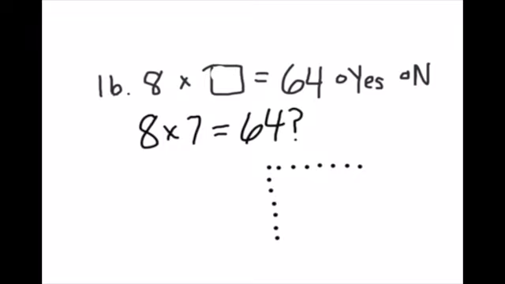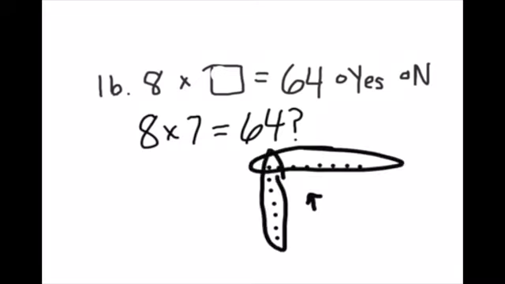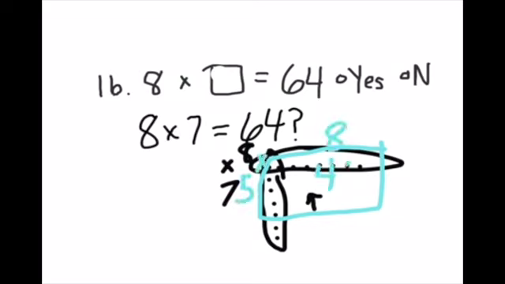And I'm not going to fill in the rest of the array, right? Because I know if it's a covered array, I don't need to know the rest of what's in here because I know my horizontal line and I know my vertical line. So I have an 8 by 7, and I can split my problem into 8 times 5, because I know 8 times 5 is 40.